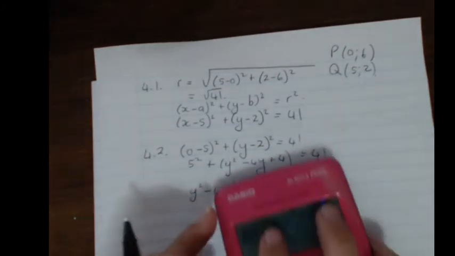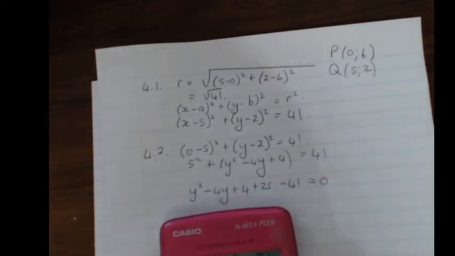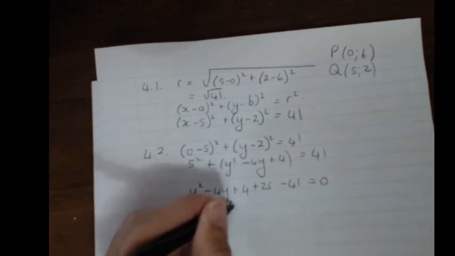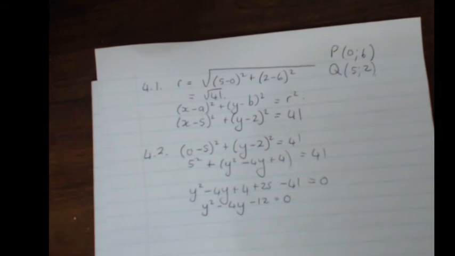Let's quickly add that: 4 plus 25 minus 41 is -12. So my standard form is y squared minus 4y minus 12 is 0.